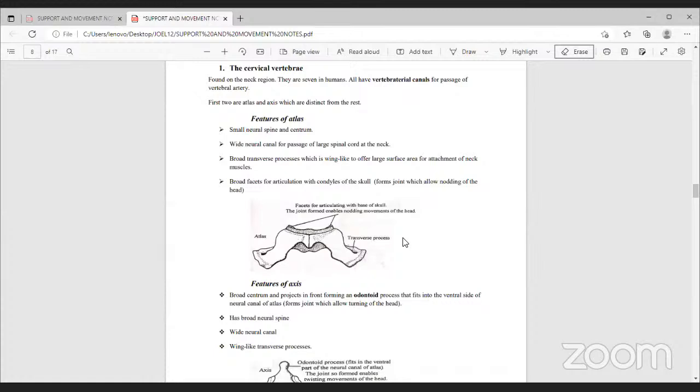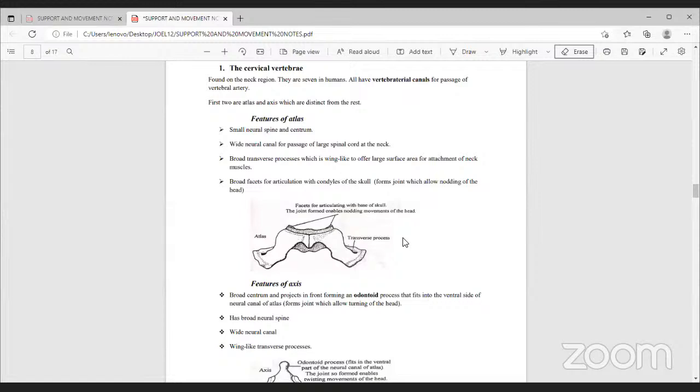So we start with the first bone there, the atlas. You can see the way it appears. Some of the features of the atlas: you realize that the neural spine and the centrum are small. Yes, they are there, but they are small in size.